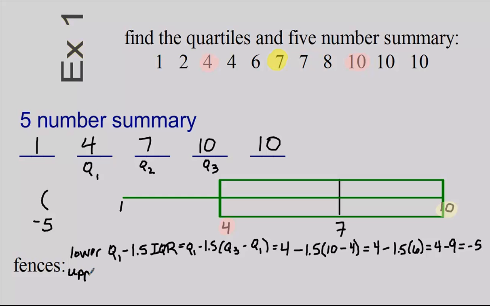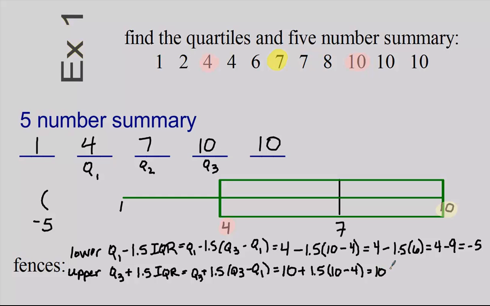And I do that by finding the upper fence. Its formula, Q3 plus 1.5 times the interquartile range, which is the same thing as Q3 plus 1.5 times Q3 minus Q1, because a range says subtract. Q3's value was 10, no matter which way you look at it. 1.5 is part of the formula. The range went from Q3 of 10 to the bottom part of the box, which was 4.